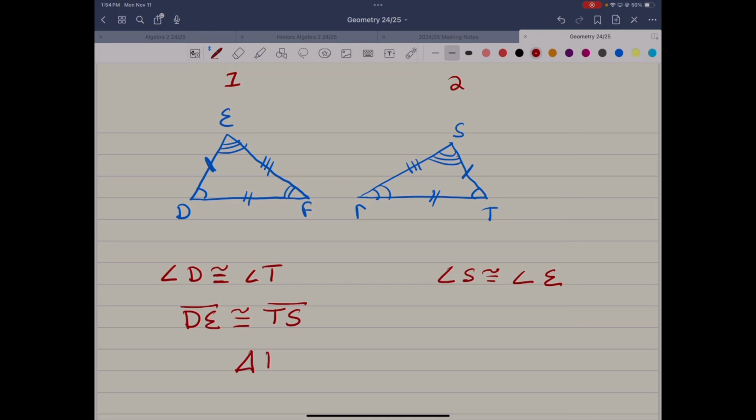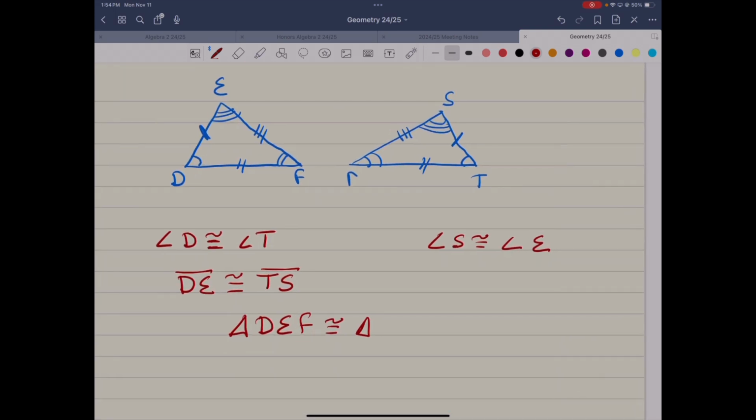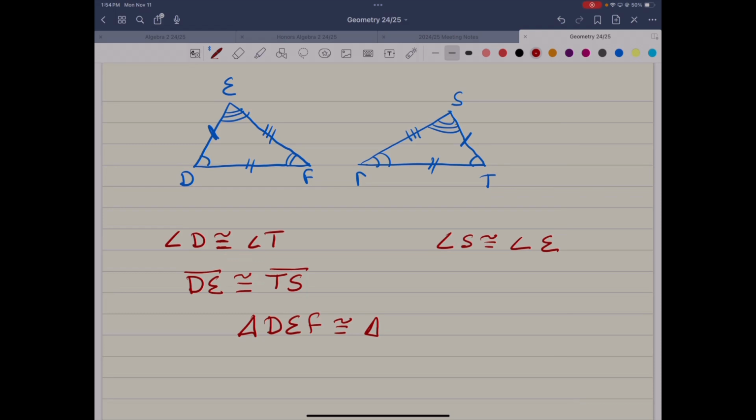Okay. Triangle DEF. Go ahead and write what triangle DEF is congruent to. Which one corresponds to D? T. Which one corresponds to E?